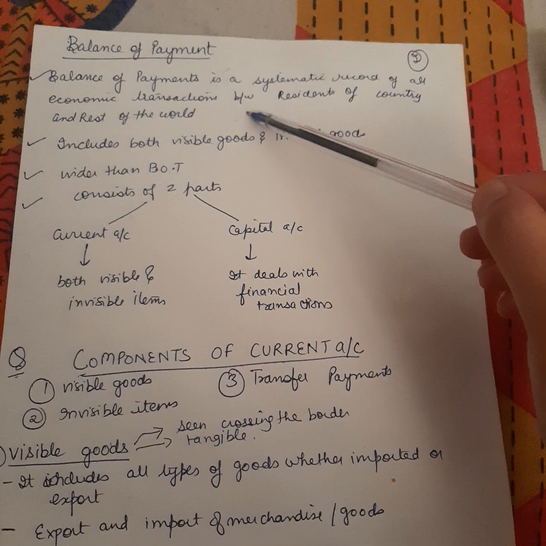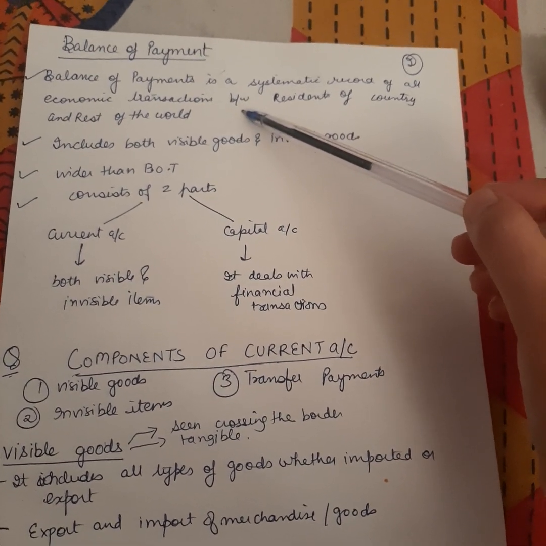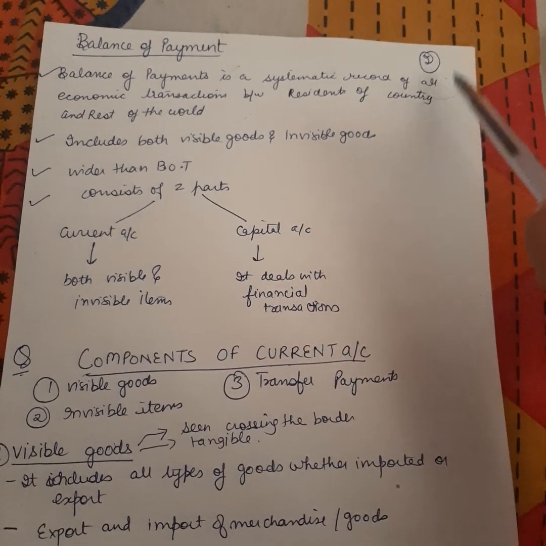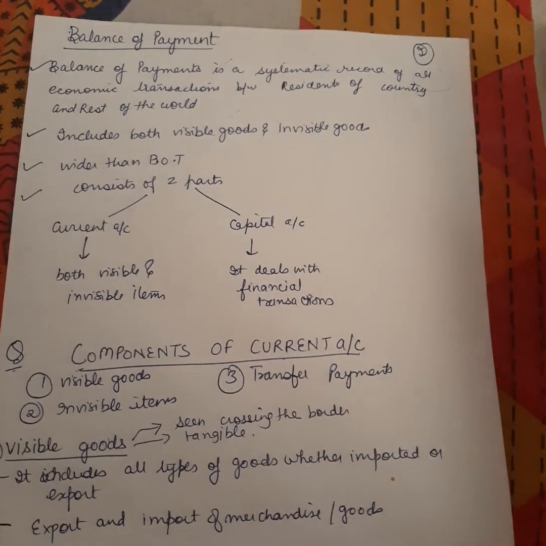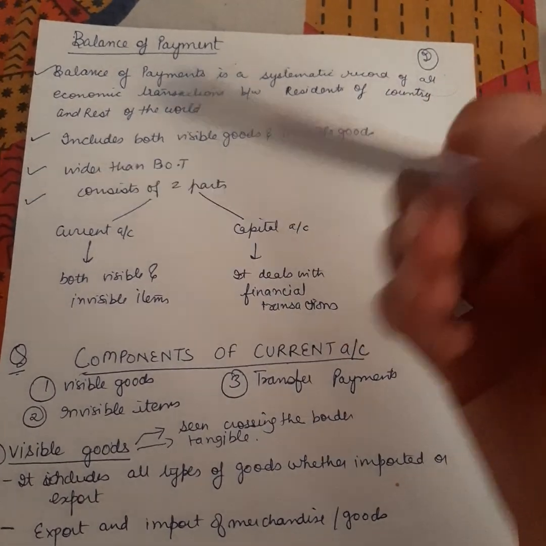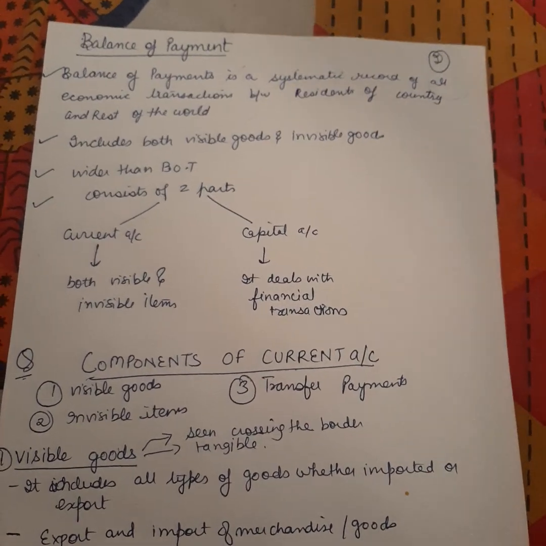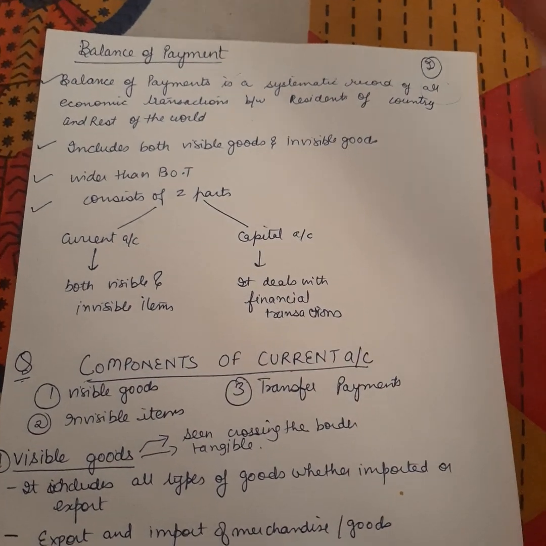Balance of trade used to cover only export and import of visible goods. So it is going to be a systematic record of all economic transactions, all kinds of transactions, whether you are taking borrowings or you are making any unilateral payments, you're sending any gifts, donations, you're receiving any gifts or donations from some other country. It's going to cover everything.